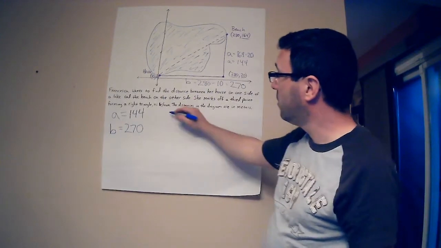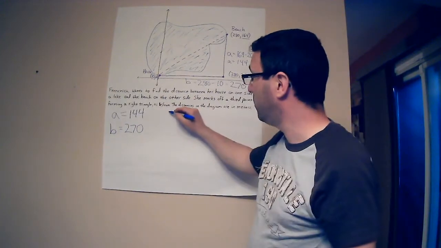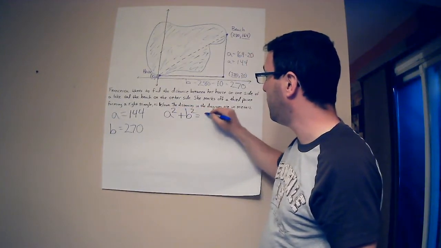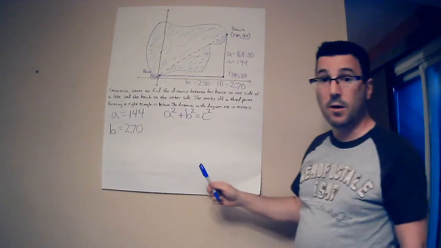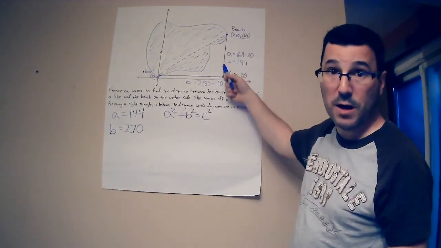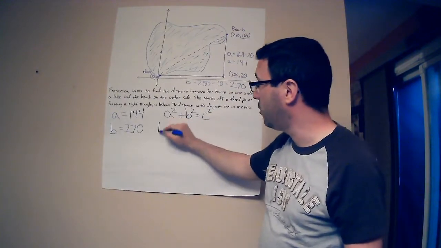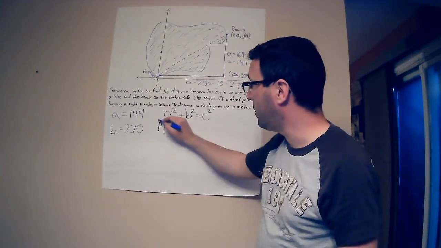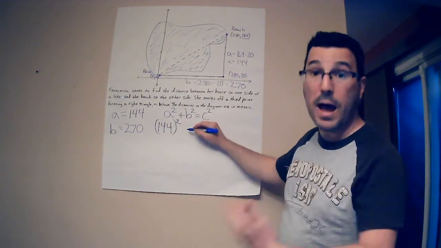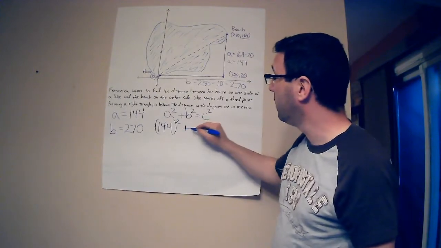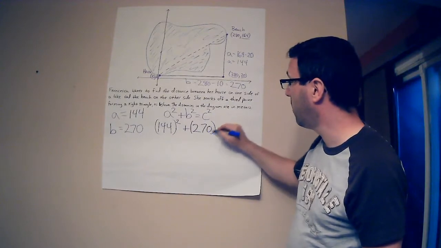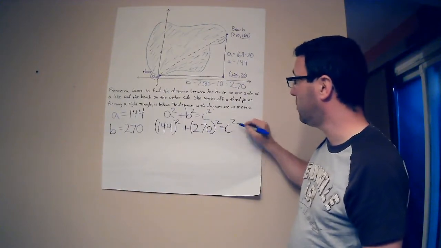Okay, so what I'm going to do is A squared plus B squared equals C squared. All right. A was our change in the y's, y2 minus y1, which was 144. Put that in parentheses. Square is on the outside. To the second power is on the outside if you prefer that. And 270 here equals C squared.